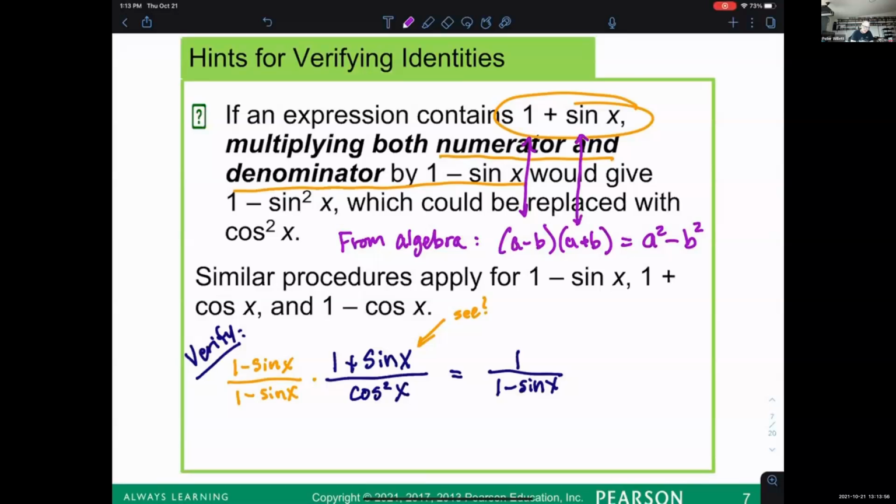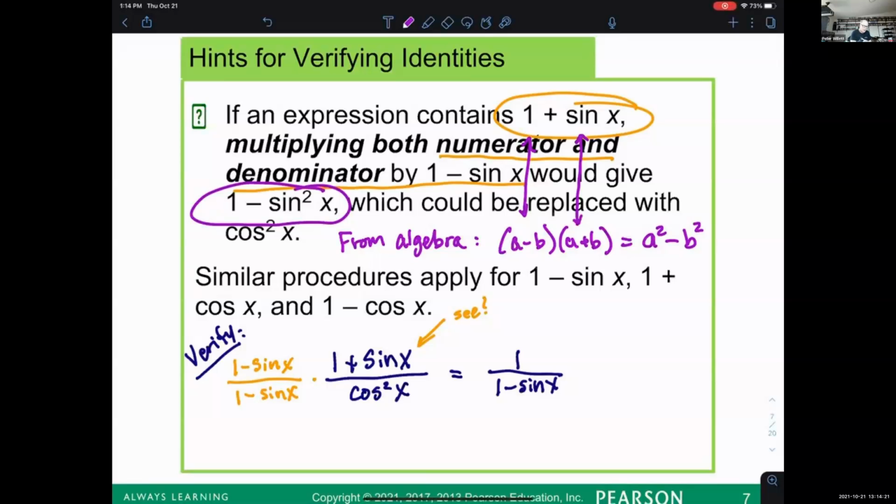So 1 plus sine x has a conjugate of 1 minus sine x. So you have a 1 plus sine x, you multiply it by 1 minus sine x, then that product gives you 1 squared minus sine squared x, which is what they say you would get here. If you multiply by that, you would get that.